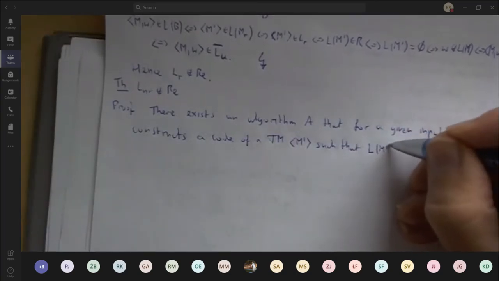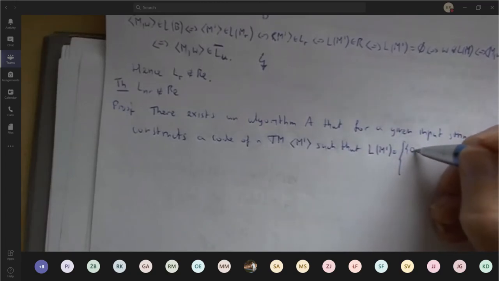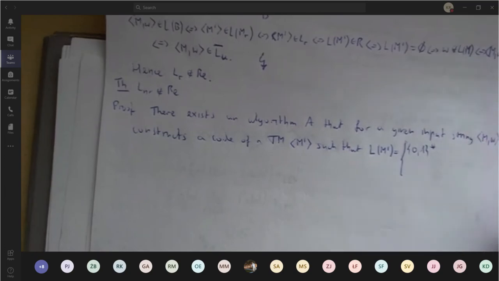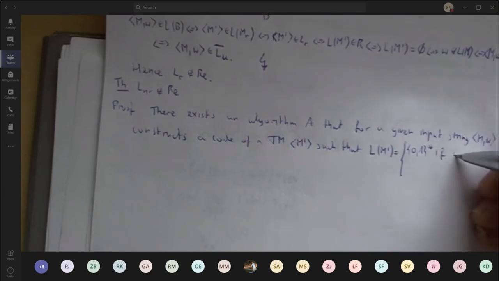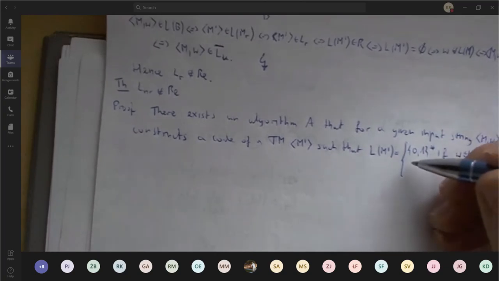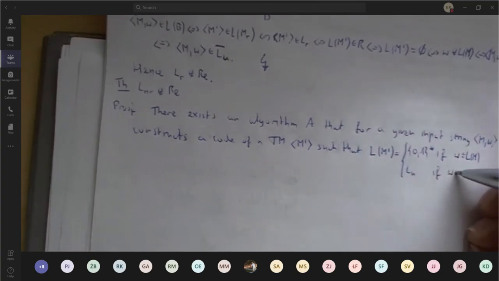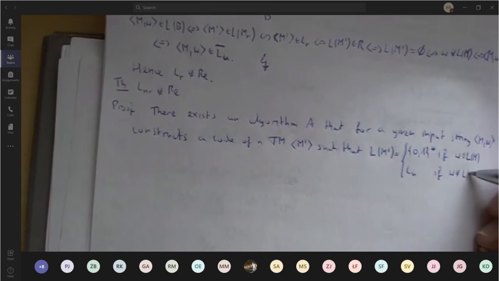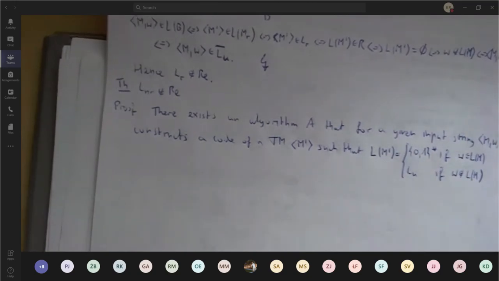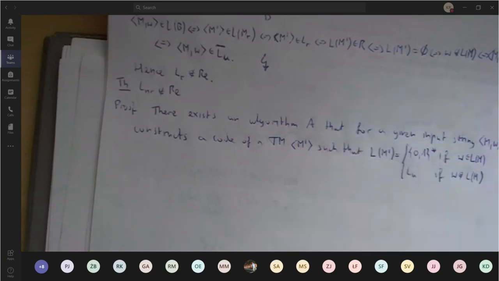the language of M prime is either the set of all strings if M accepts W, and L the universal language otherwise, if W does not belong to the language of M. Okay, so again, we won't describe the details of A. So we know that such an algorithm exists.